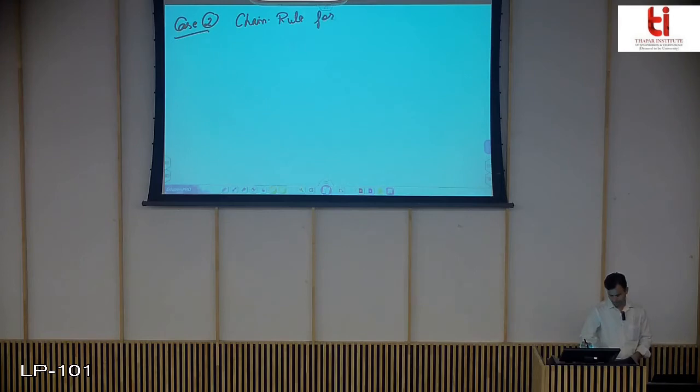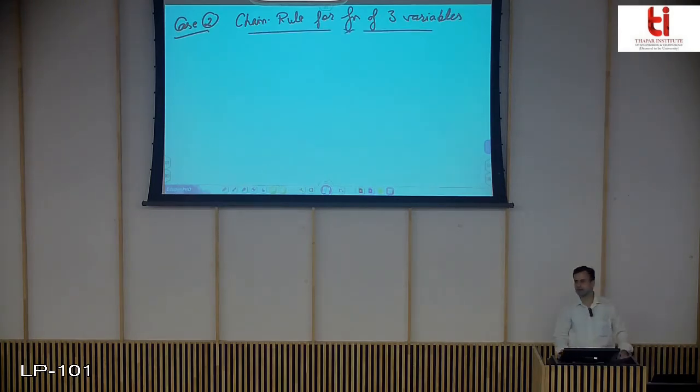Now, if this is clear to you, you can easily find the chain rule for a function of three variables. If this formula is clear, that is, how we can use the tree diagram to find the chain rule, then you can easily find the chain rule for a function of three variables.